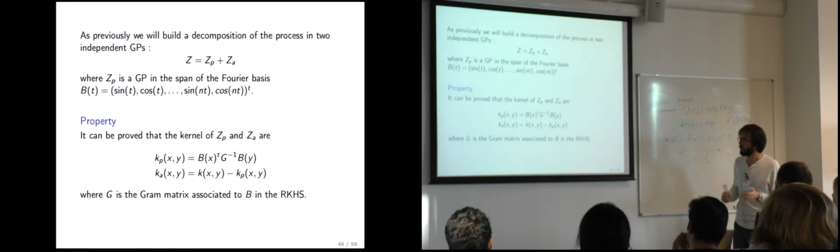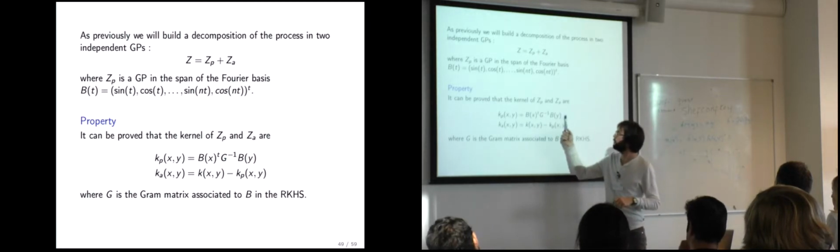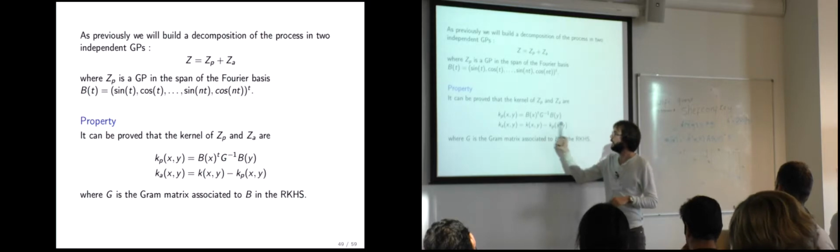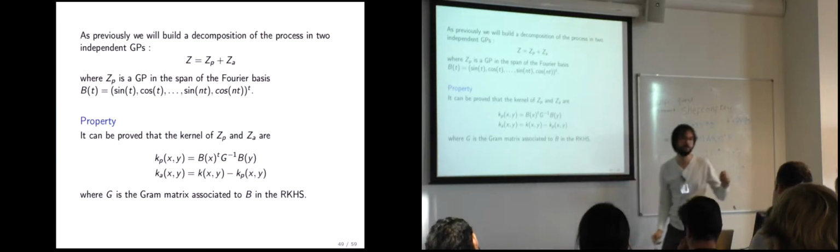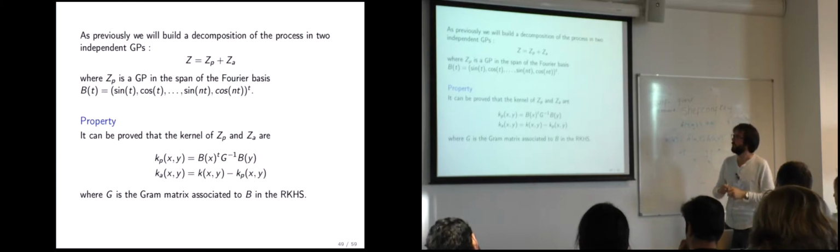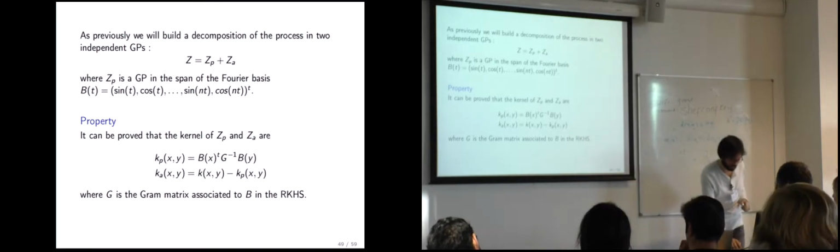So using some RKHS theory, you can prove that this is a kernel that will return periodic sample paths, and this is a kernel that will return sample paths that are orthogonal to the periodic functions. And now we can look at a kernel that is the sum of these two.